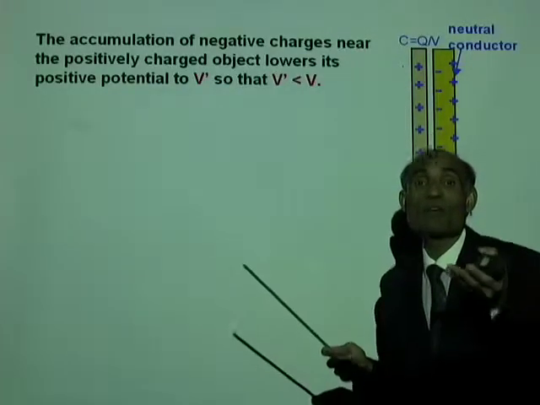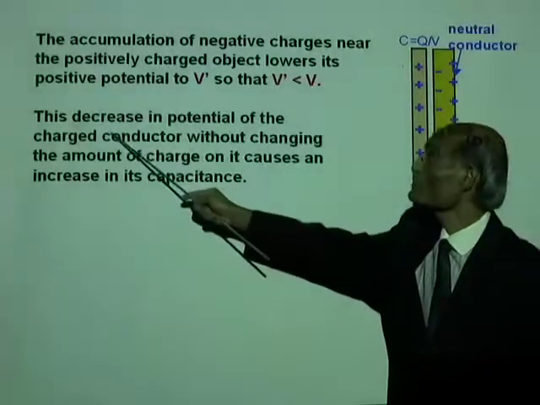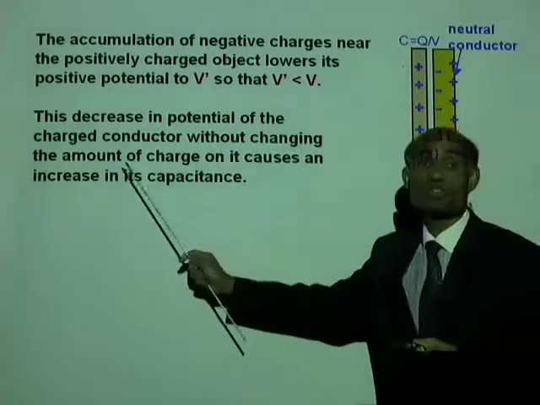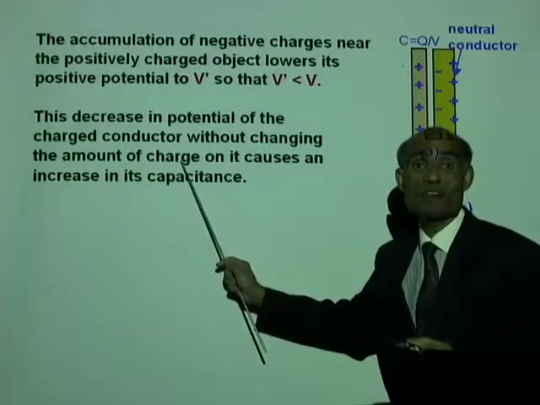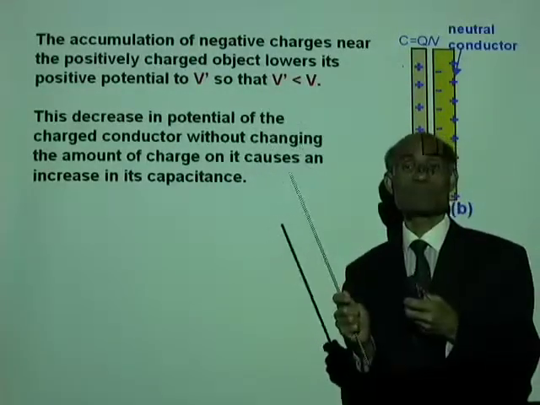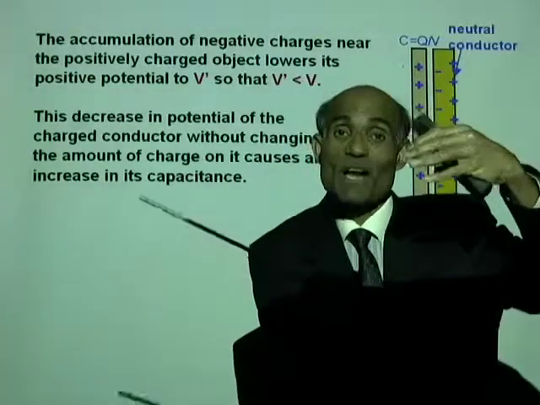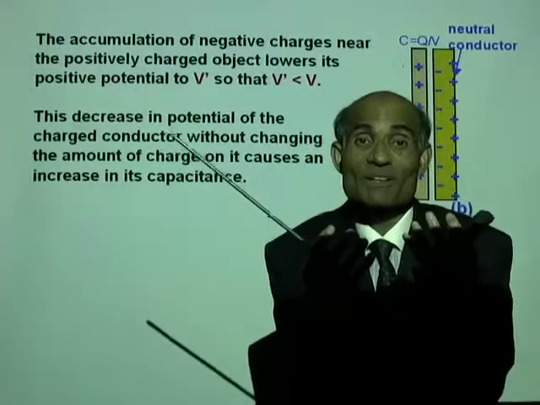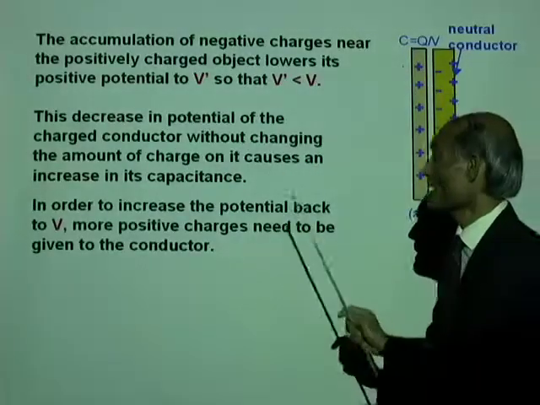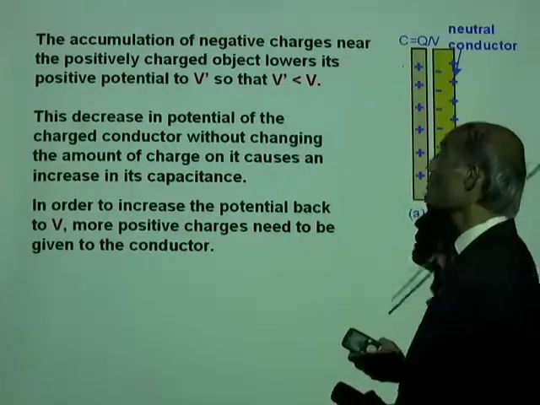That means we have now increased the capacitance of the conductor. This decrease in potential of the charged conductor without changing the amount of charge on it causes an increase in its capacitance. That means now it can hold more charges at the same potential. You see that? So we have increased the capacitance. Now, is there any way to decrease that potential still further?